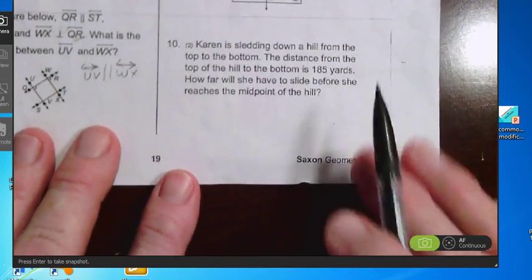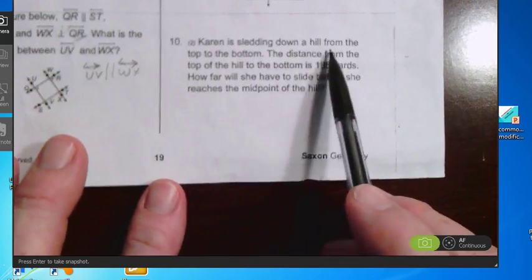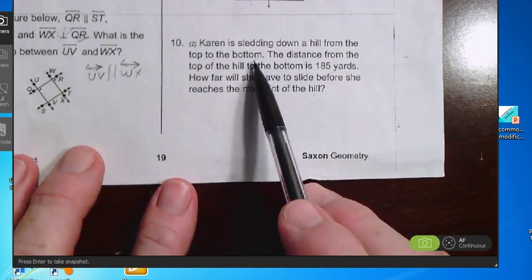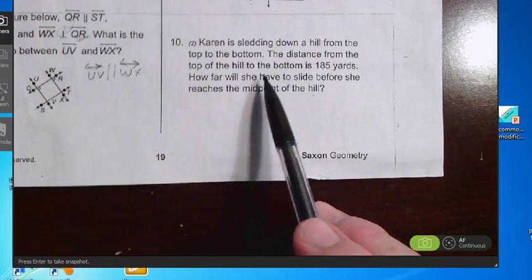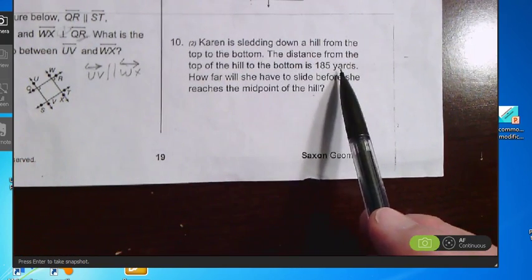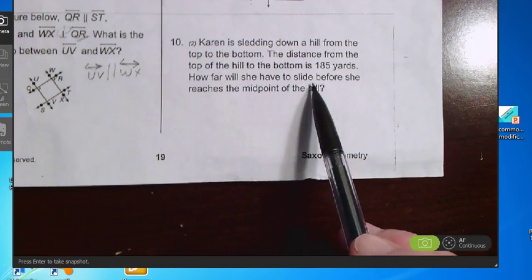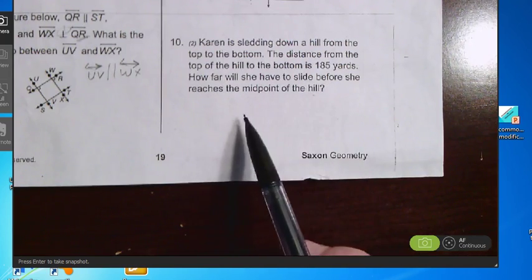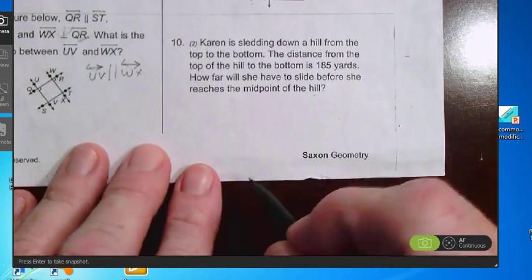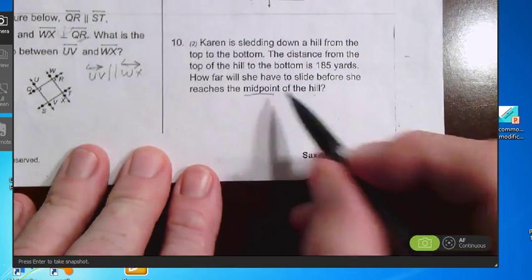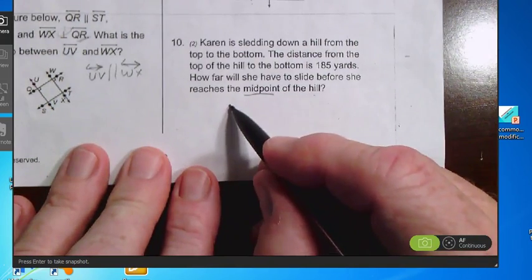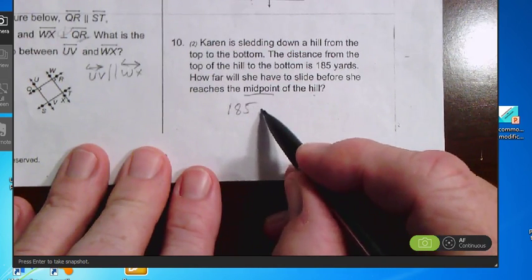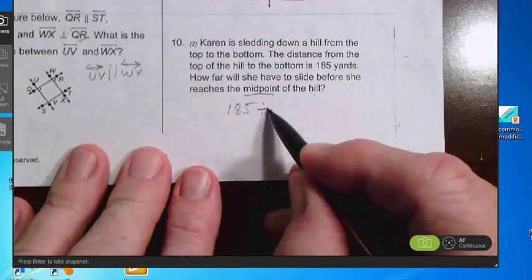Number 10. Karen is sledding down a hill from the top to the bottom. The distance from the top of the hill to the bottom is 185 yards. How far will she have to slide before she reaches the midpoint of the hill? Midpoint, that's halfway. So 185 divided by 2.